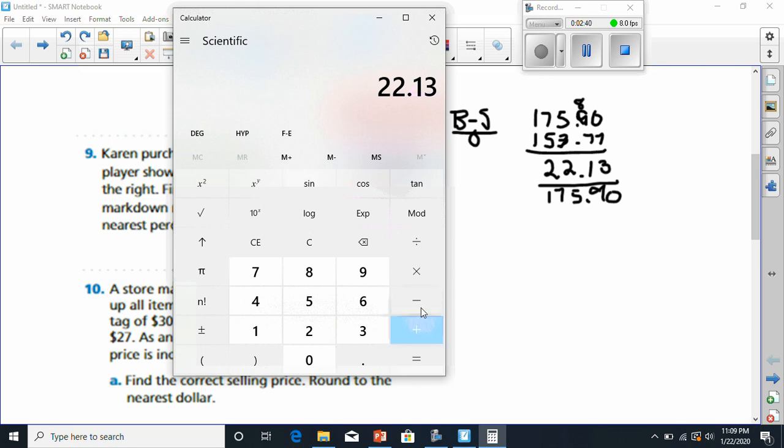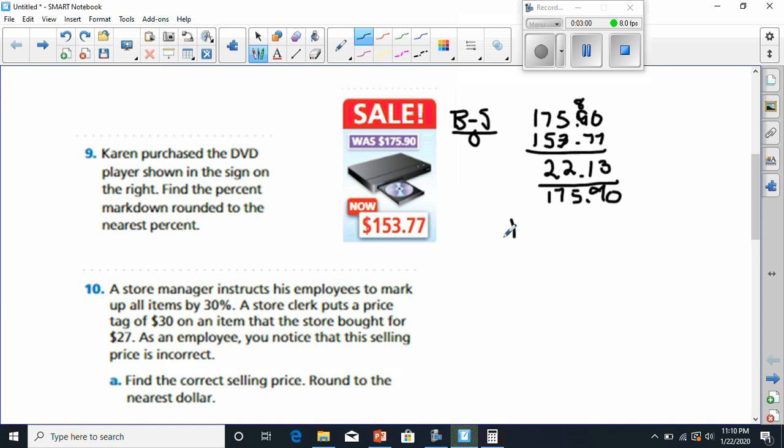Let's see what we're going to divide by: 175.9, and that's going to give us 0.1258. It does say to round to the nearest percent, so when we move this over, this becomes 12.58. If we round up, it's going to be 13%.